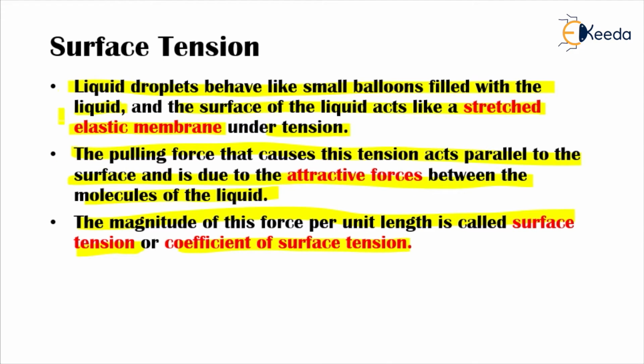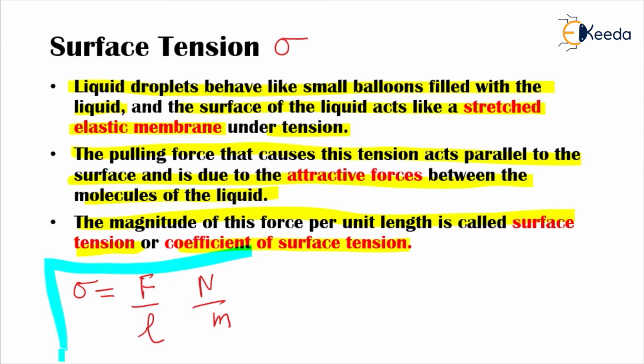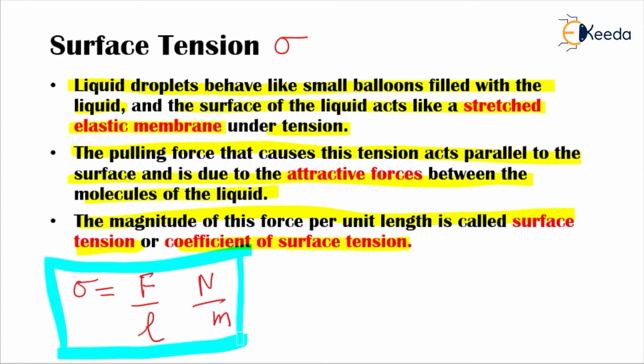Surface tension is denoted by the symbol sigma, and it is force per unit length, so sigma equals F upon L. The unit will be Newton per meter. We should keep this in mind.